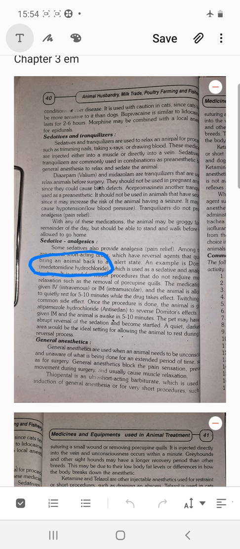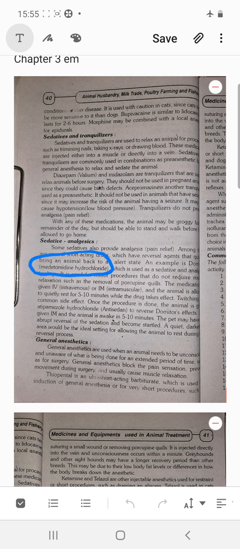Next one is general anesthesia. Remember, the first one is local anesthesia and this is general anesthesia; both are different. If a question comes in the exam, you have to read properly whether it is local anesthetics or general anesthetics.